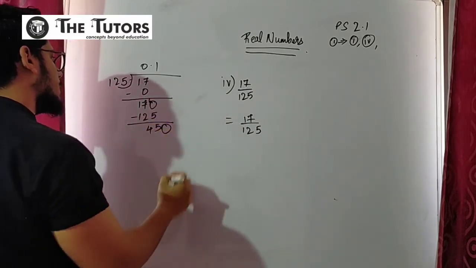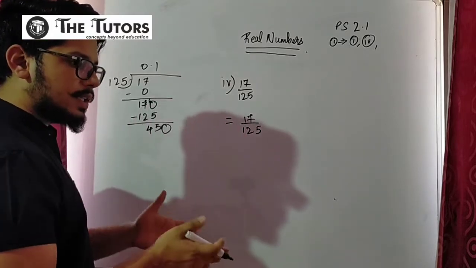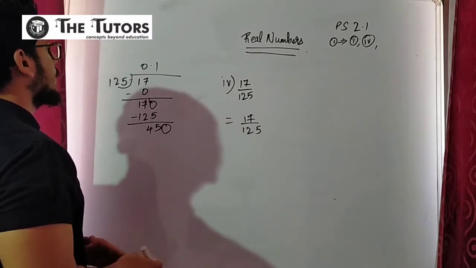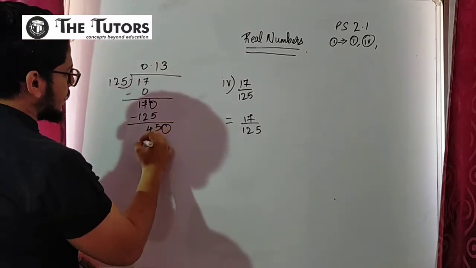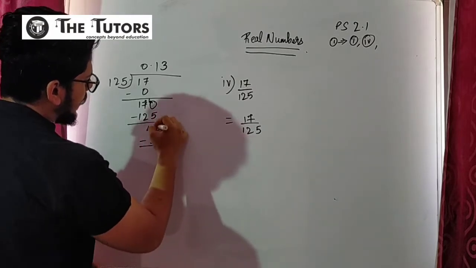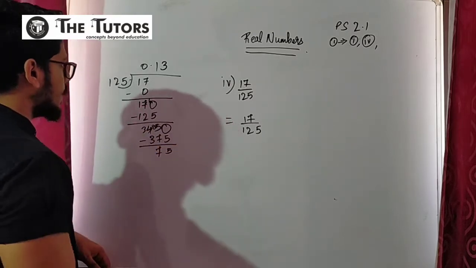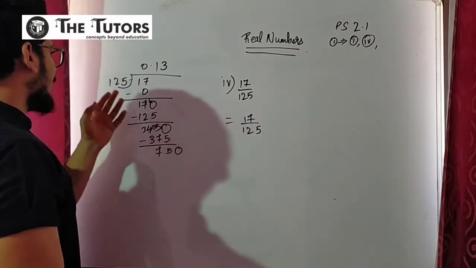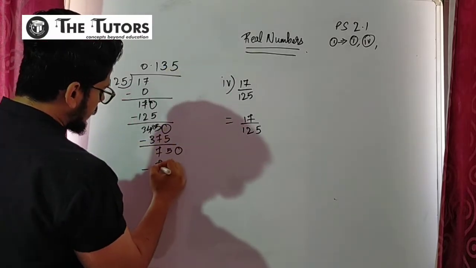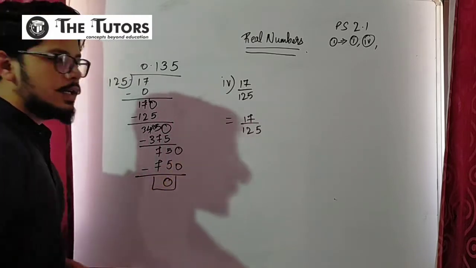Again you add a 0. 125 3s are 375. 10 minus 5 is 5. 14 minus 7 is 7. Again a 0. Now you have 125 here, 750 here. 125 6s is how much? 750.